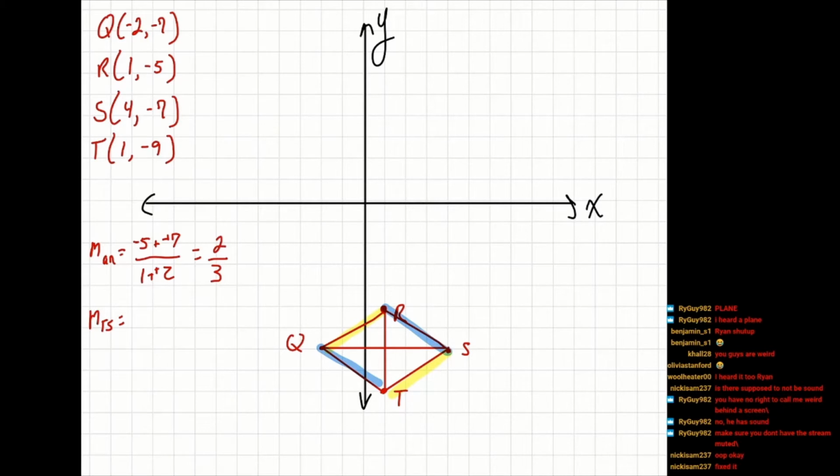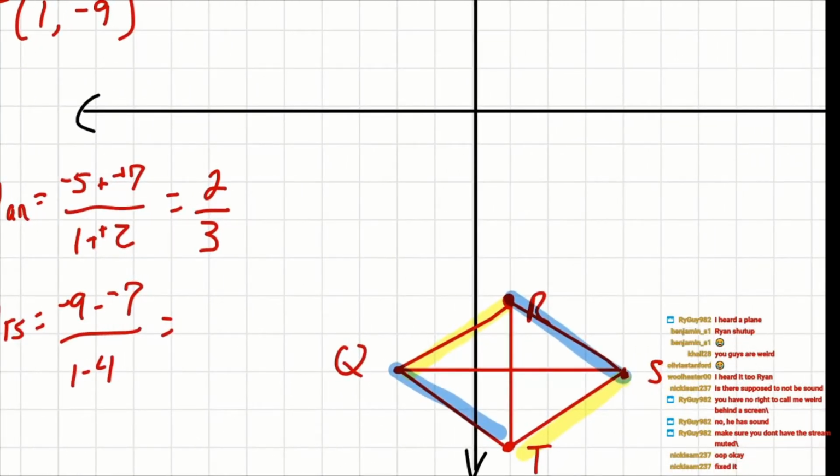So -9 minus -7 over 1 minus 4. So that's a -9 right there. So this becomes plus. So we get -2 over -3. You do have a negative over a negative, so this is, in fact, +2 over 3, which makes these parallel to each other.